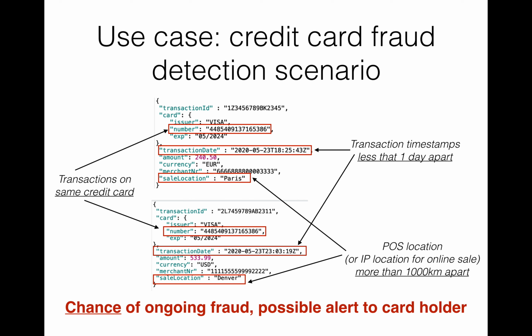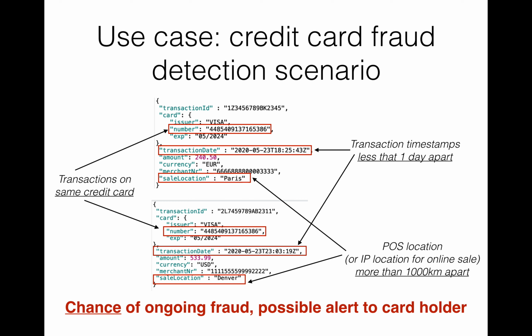And in the JSON document below, you can see another credit card transaction for the same credit card, and it's in the same day. So again, the 23rd of May, but it's in Denver in the U.S. Because it's unlikely that somebody traveled in one day from Paris to Denver, it's not impossible, but there is a chance.